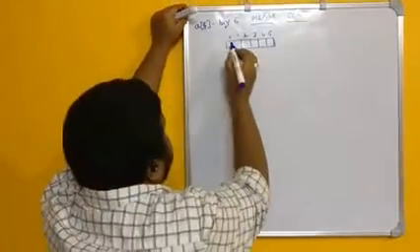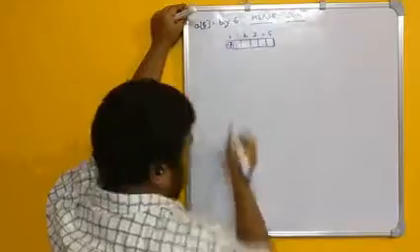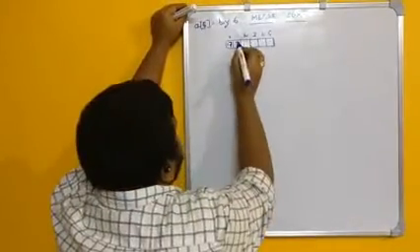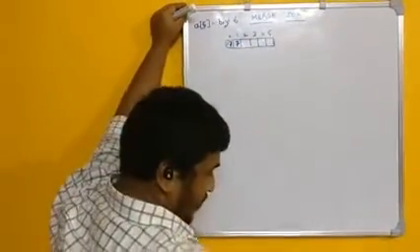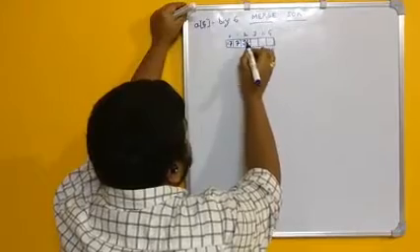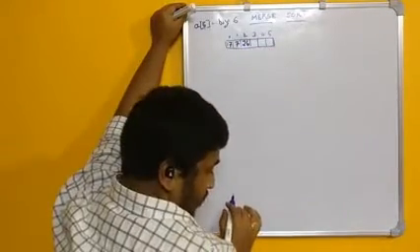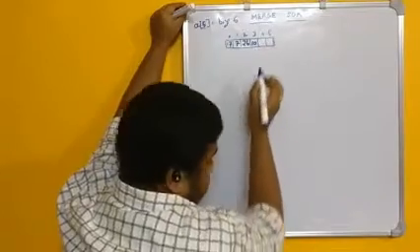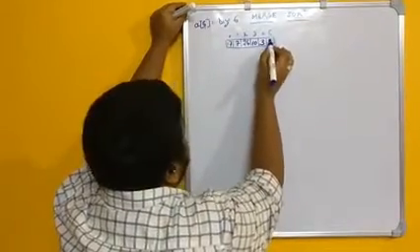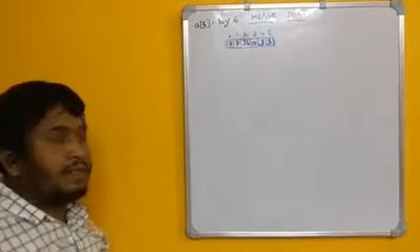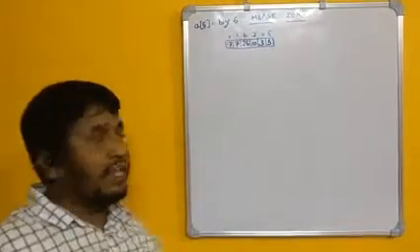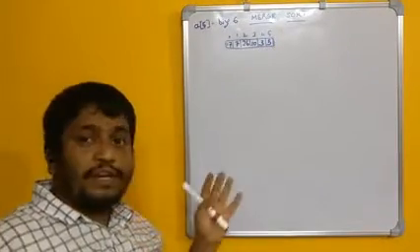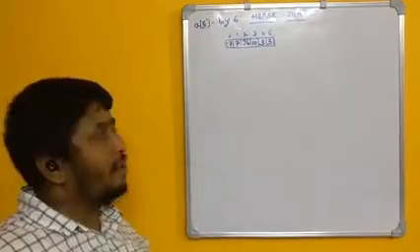The first element is 70, the second element is 7, the third element is 26, the fourth element is 10, the fifth is 3 and the last is 5. So our problem is: we are given an array and we need to sort it in ascending order.